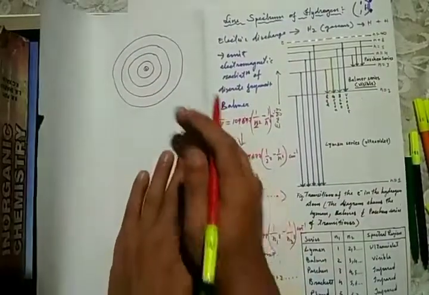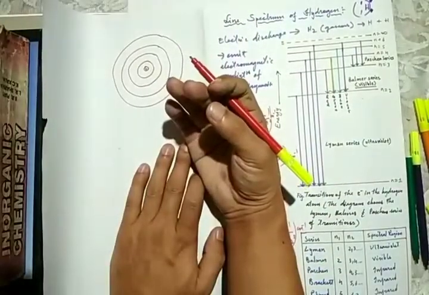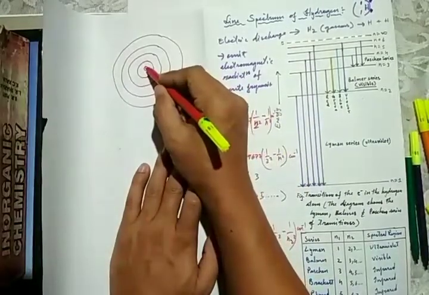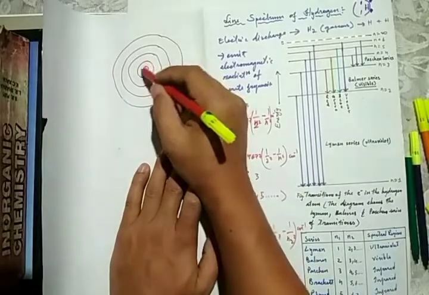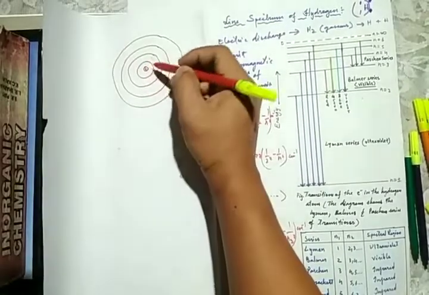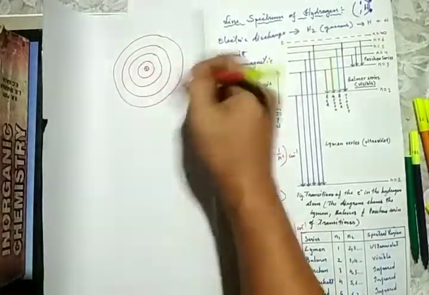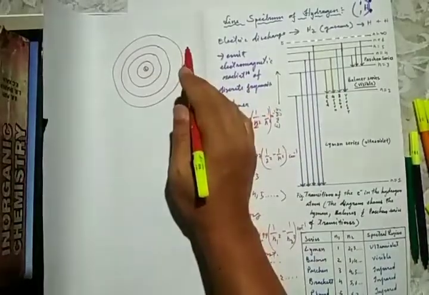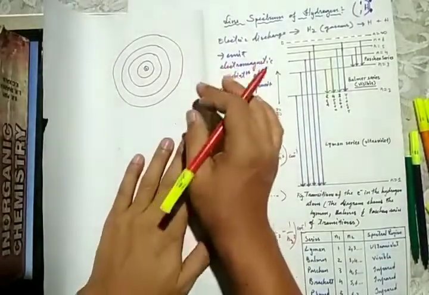When we consider an atom, it has a nucleus and concentric orbits around it, where the electrons are present in fixed energy levels.